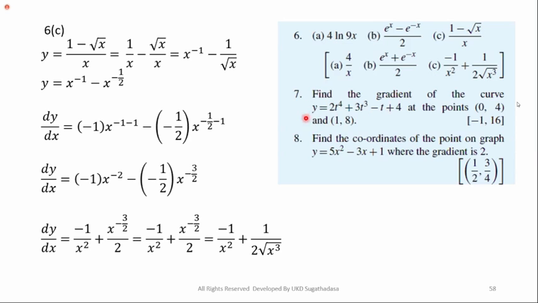Then you have to calculate the gradient when t is 0. The y value is not necessary to calculate the gradient, because this function is only in terms of t. This is not an implicit function. If it were an implicit function, there might also be y on the right-hand side.